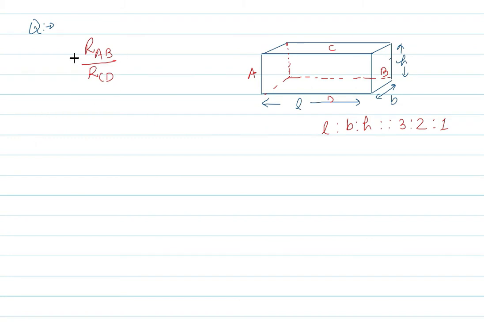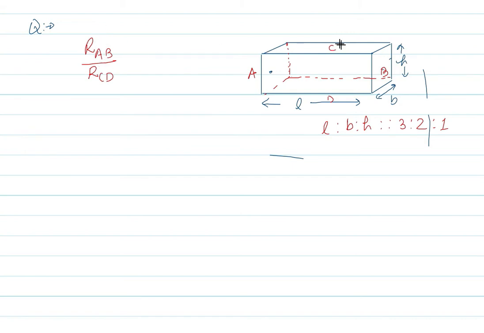See, what is the sense of finding the resistance across AB? It means just like we are connecting this face and this face with a battery, and when this battery makes current flow through it, the resistance this will offer is RAB.